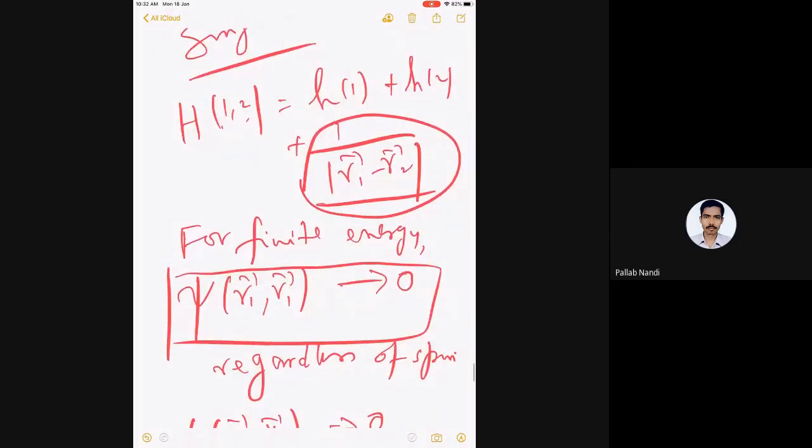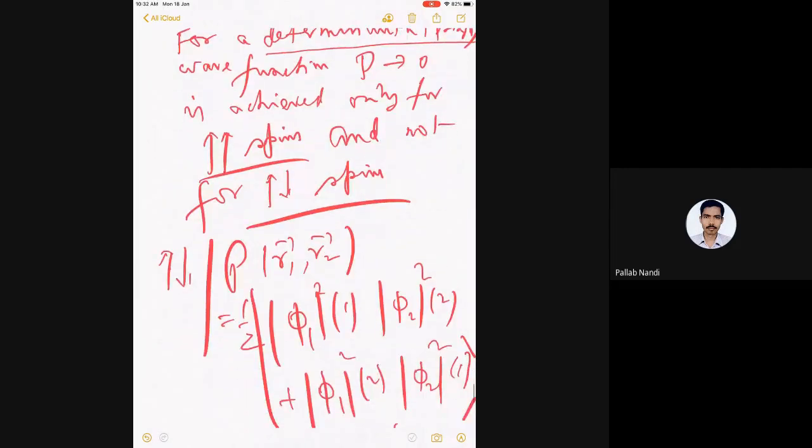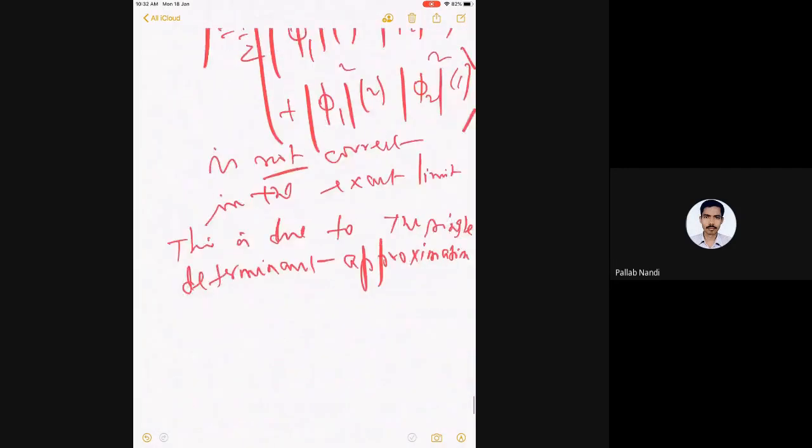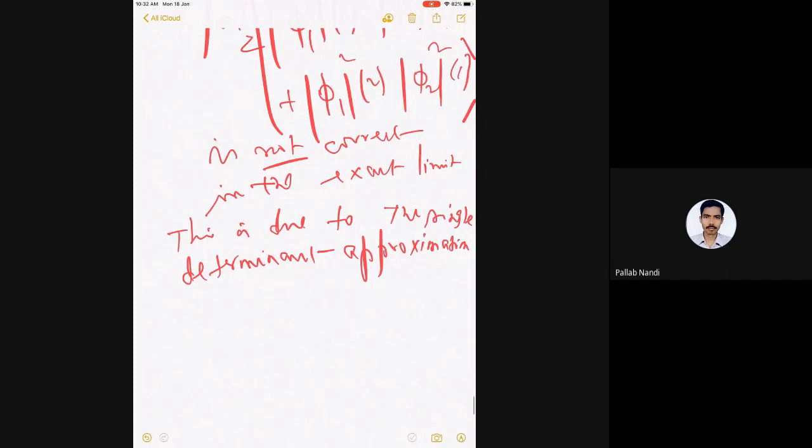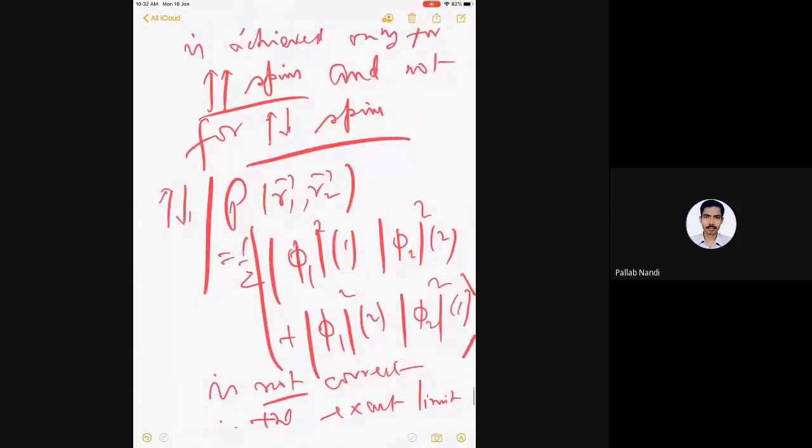Because I have this part. And if this part is there, I have told you one determinant I cannot find to be an exact wave function. What will be the nature of the exact wave function? I will see later. So obviously it is happening because of that approximation. So that approximation that I tended to ignore has a very serious effect on the probability for anti-parallel spins.